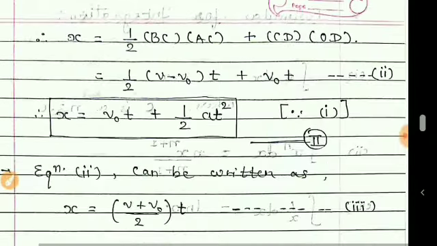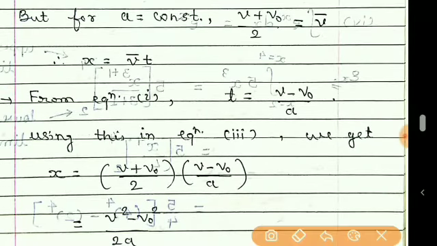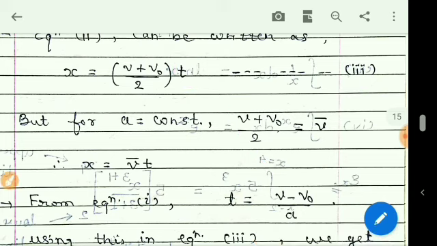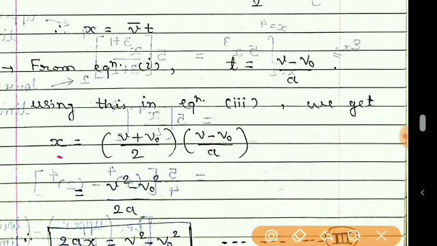So t is equal to v minus v naught upon a. Now in equation number 3, put this t as v minus v naught by a. So you will get x is equal to this term, with this value of t.